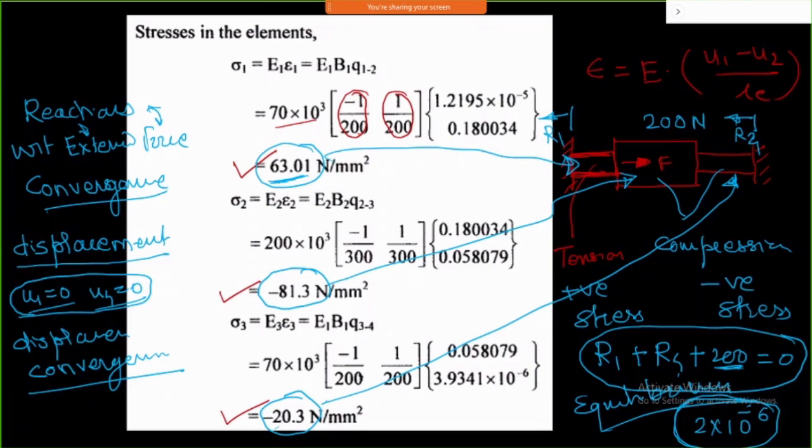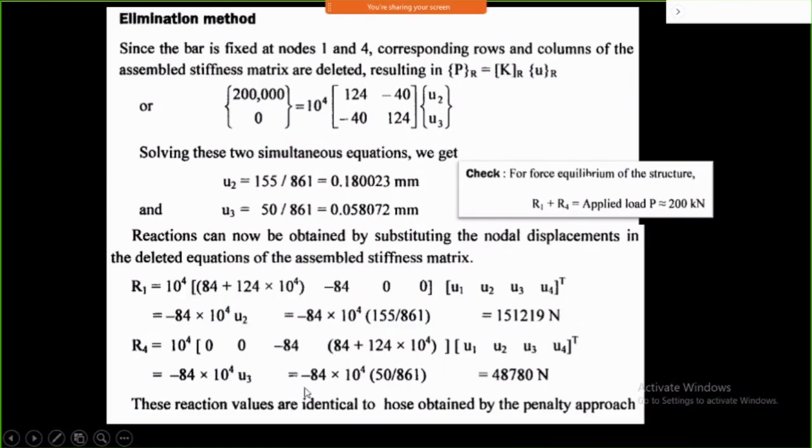That is all for today's session; I think I have finished my time and completed my part. Similarly, you can look into the elimination approach. We eliminated the first equation, and here you can observe equations 2 and 3. U1 was there and U4 was eliminated from these equations, and we got 2 by 2 equations here.